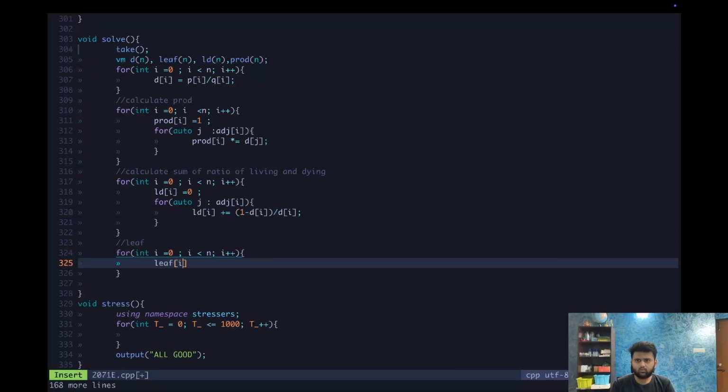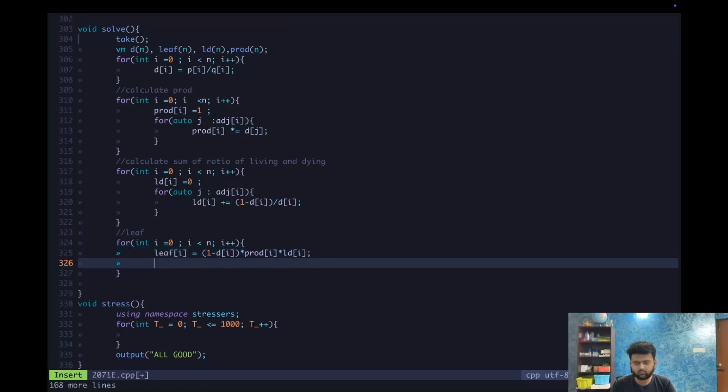Leaf of i equals, so first it needs to live, and we know that all its neighbors should die except one, so times prod i times LD i, which has the correction term.